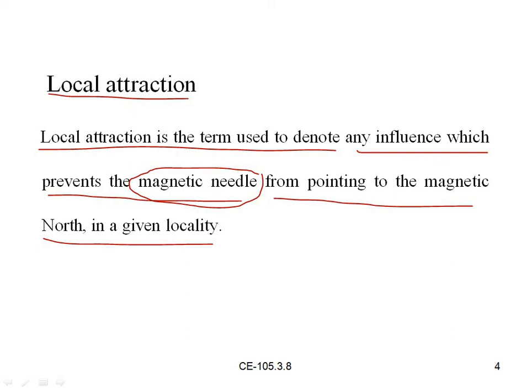That's why we define local attraction as the term used to denote any influence which prevents the magnetic needle from pointing to the magnetic north in a given locality. So this is the local attraction definition. Now let us see the sources of local attraction.